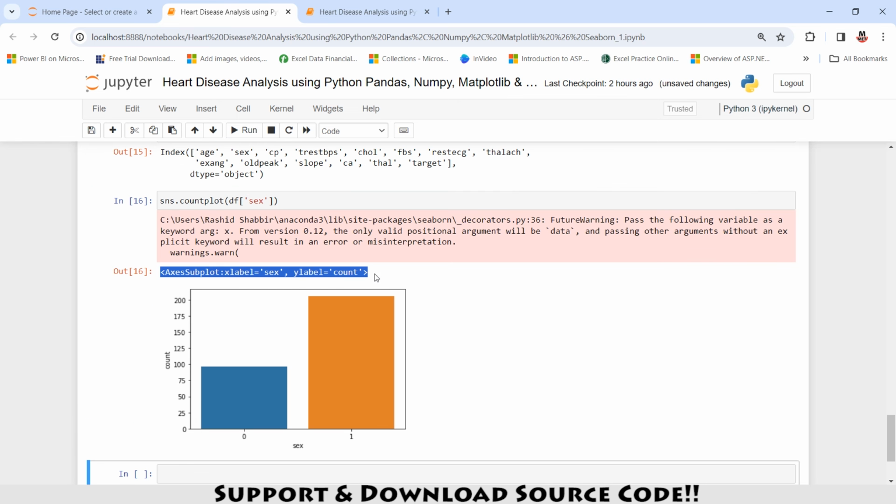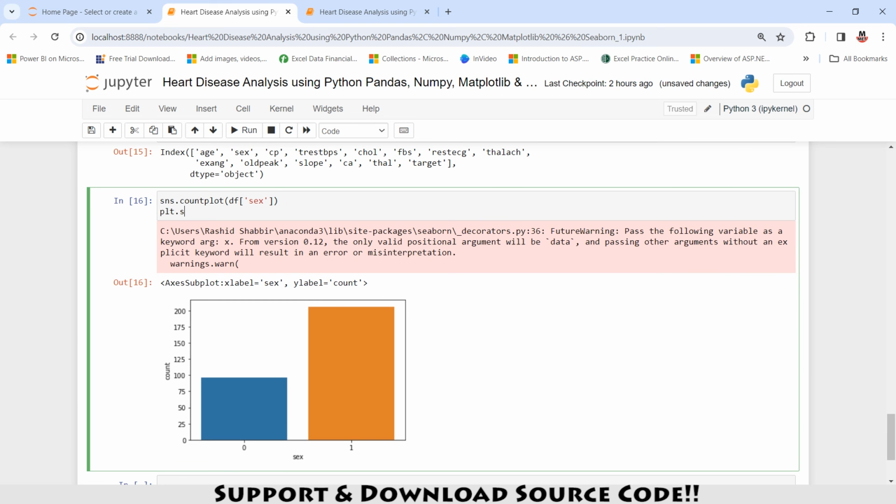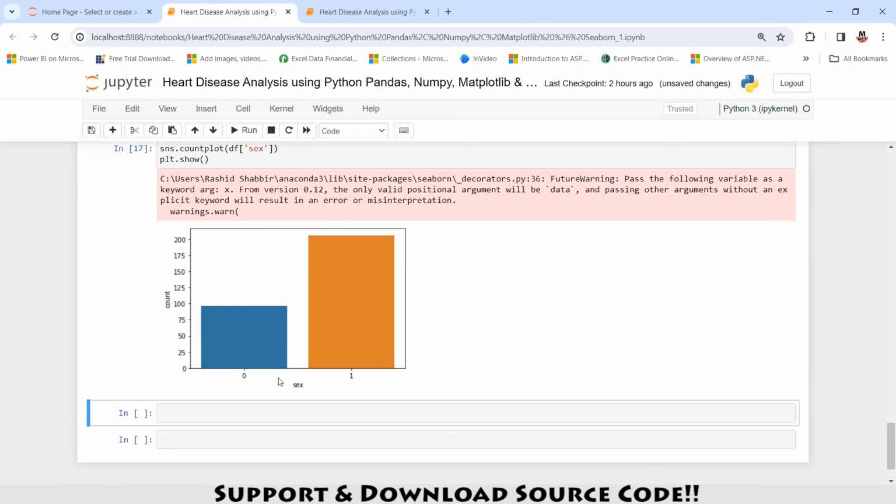If I want to remove this one, then I will type plt.show, Shift Enter. Now this x-axis has 2 bars, one for each gender, 0 represents female, 1 represents male, and the height of each bar represents the count of individuals belonging to that gender. This graph helps you quickly understand the gender distribution within your data.